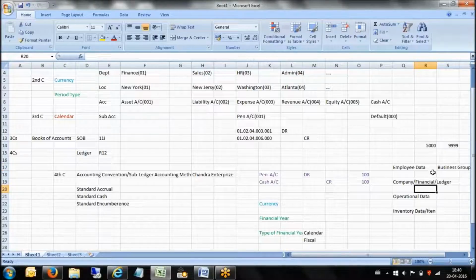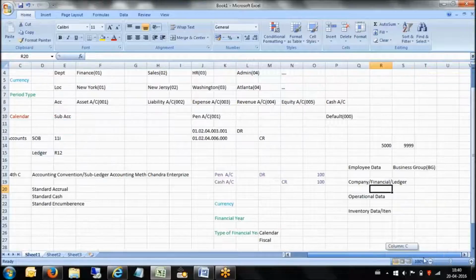Is ledger and legal entity the same, or am I confusing them? Different. It may be possible that there is one entity which is just reporting to government authorities, and there is one sister concern. Both are associated with one ledger.